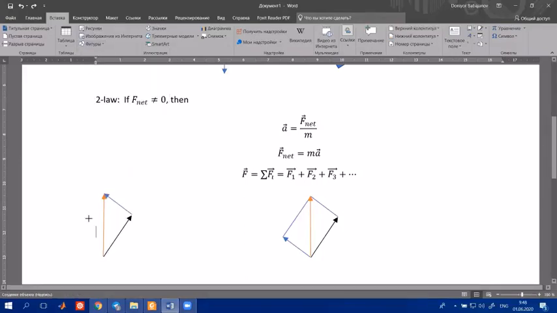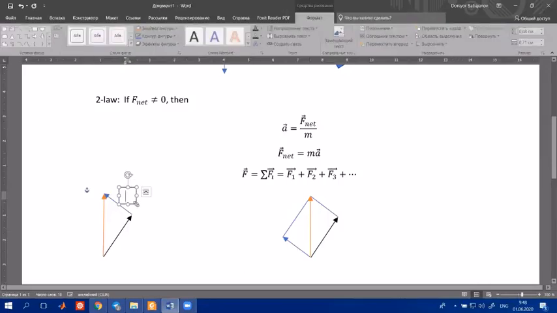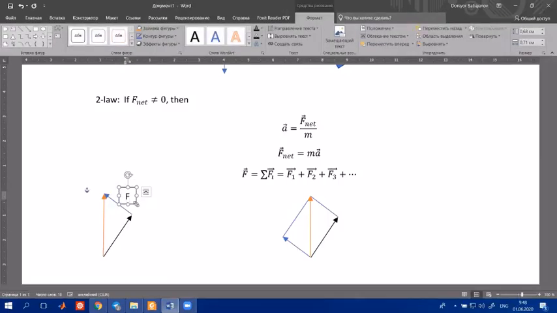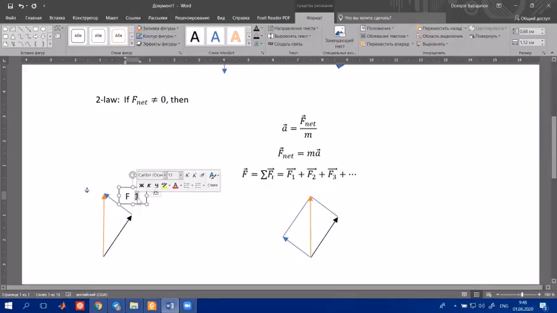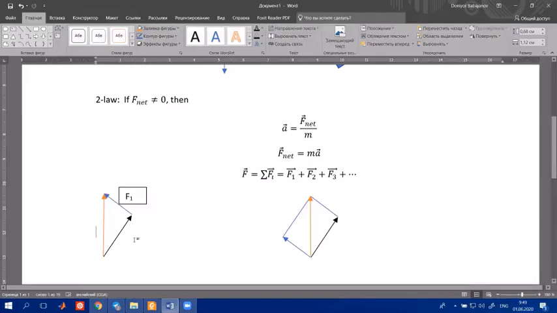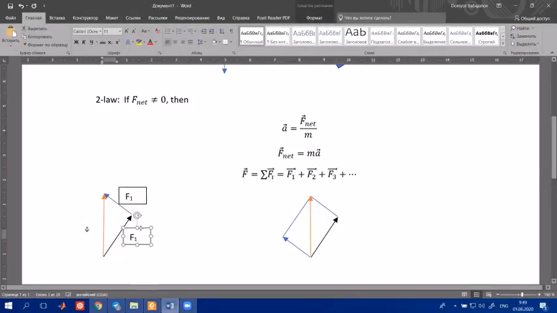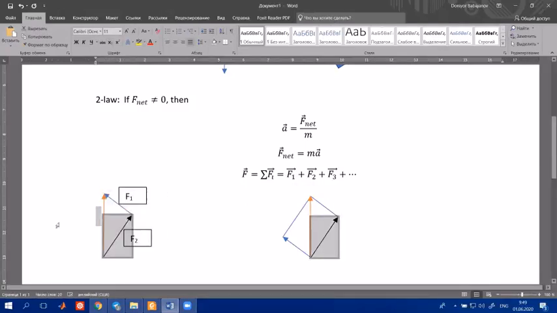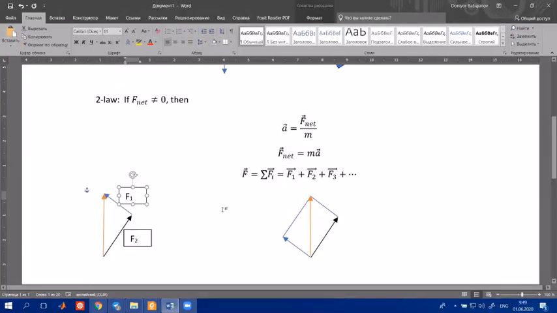This is our vector F1, and this is our vector F2, and the orange one is F net.